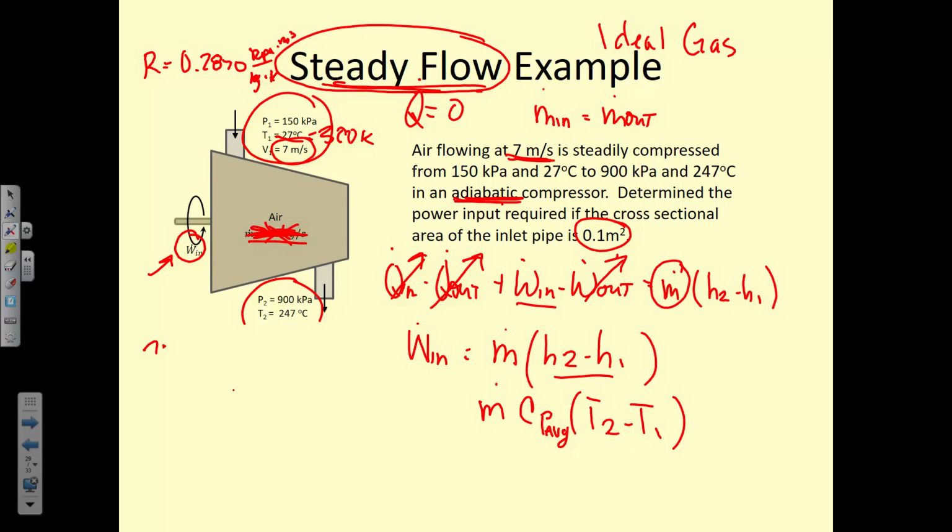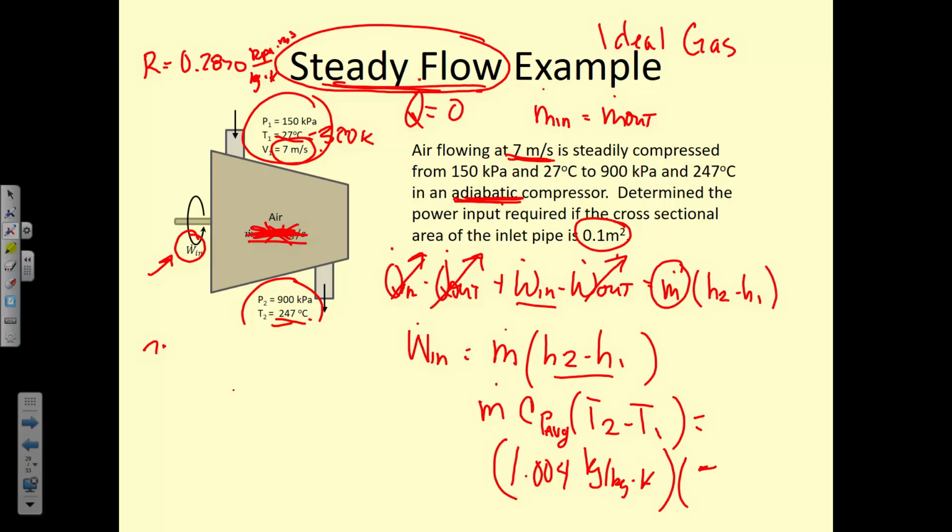Yeah, so you can either average the two values or find it at the average temperature. I averaged the two values. So I have a C sub P of 1.004 kilojoules per kilogram Kelvin multiplied by T2, which is 247 Celsius. We can either use Celsius because we're finding a delta T, or we can convert that one also to Kelvin, which I did.